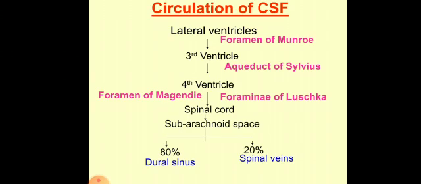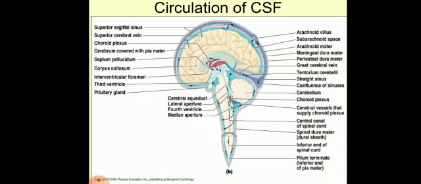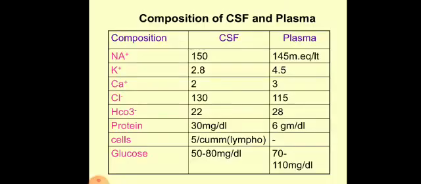Once you draw the flow chart, you need to tell that the CSF which is formed in the lateral ventricles flows into the third ventricle through the foramen of Monro. In a similar way, you come down to where you end on how 80% of the CSF from the subarachnoid space enters the dural sinuses, and the 20% enters the spinal veins. So that's about the circulation of CSF. The same thing has been depicted in a picture.